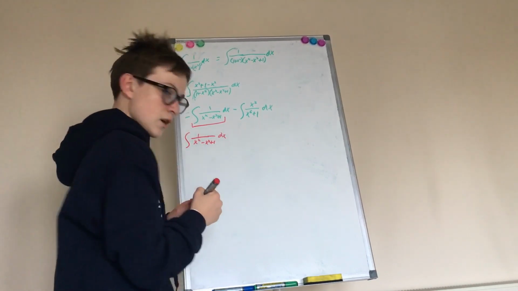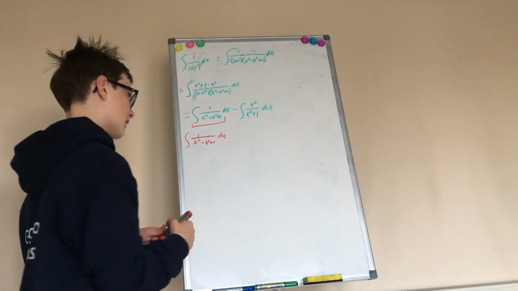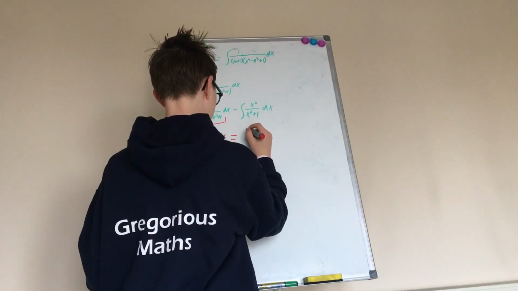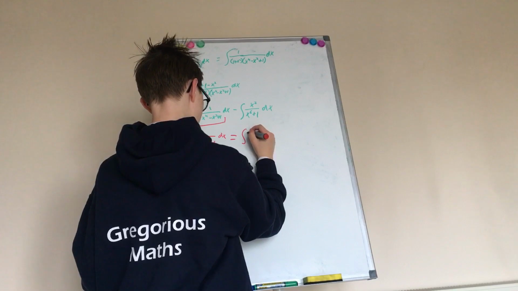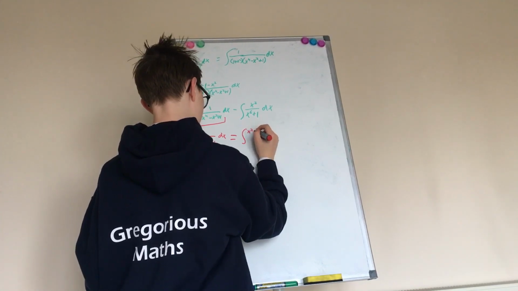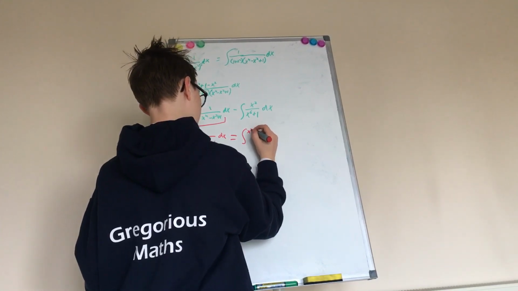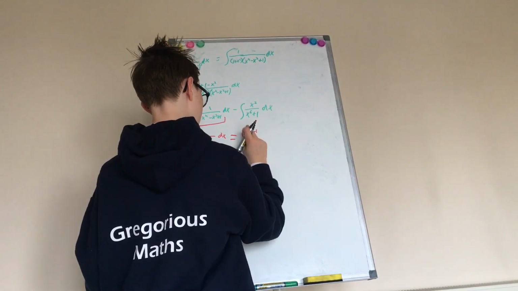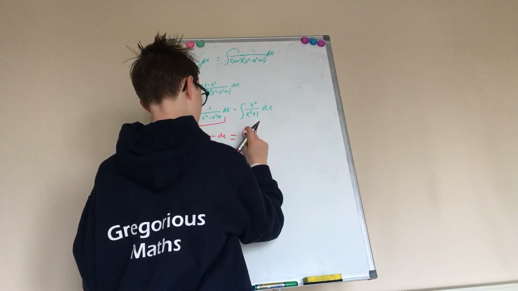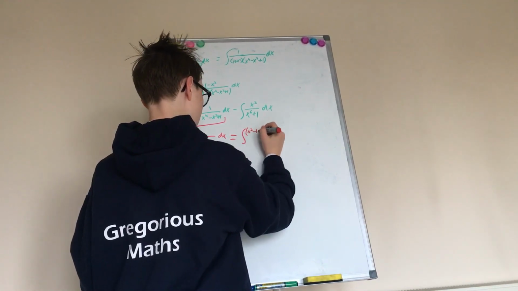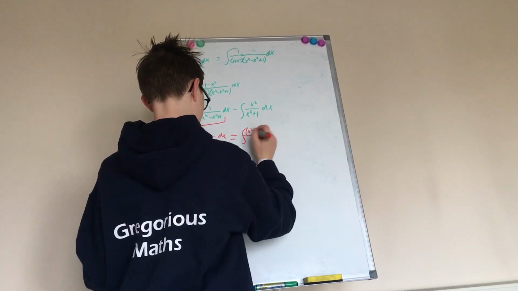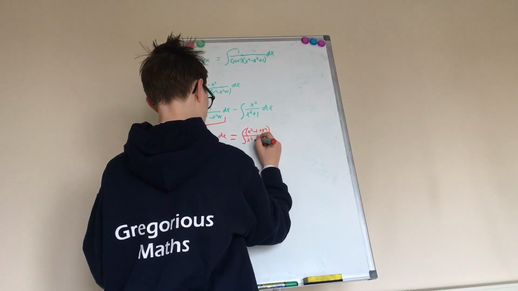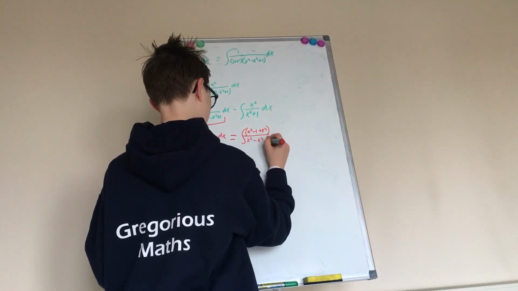Okay? And the trick here is that this again equals the integral of x squared minus 1 plus x squared over this whole thing, x to the power of 4 minus x squared plus 1.